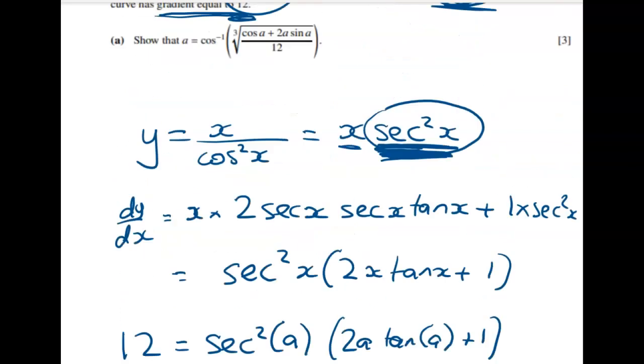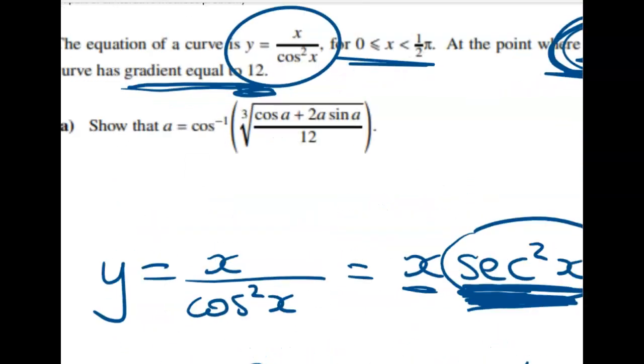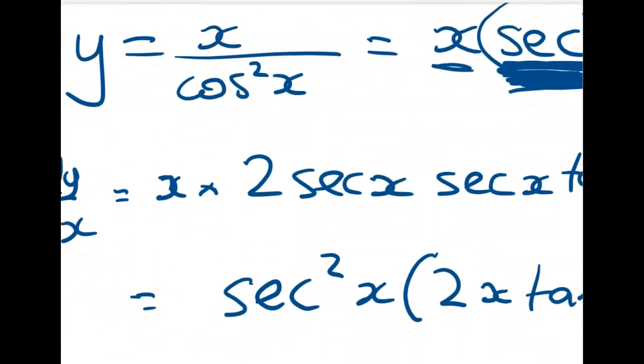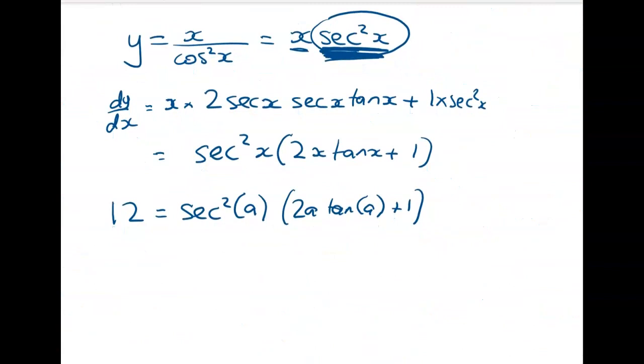Now let's look at where we're trying to get to. You've got to show that a is equal to the angle whose cosine is the cube root of all of this stuff. You can see that we've got just cosine and sine, whereas down here we're working with sec squared and tans. So I'm going to do some steps to rearrange. I knew I had to get rid of the sec and the tan.